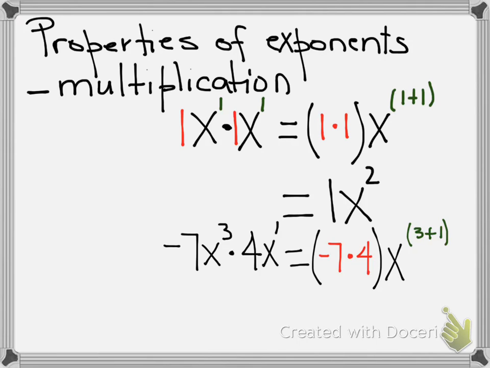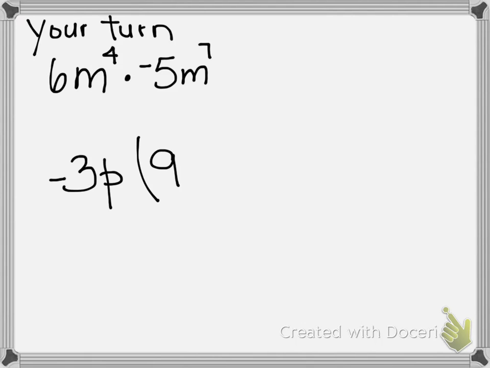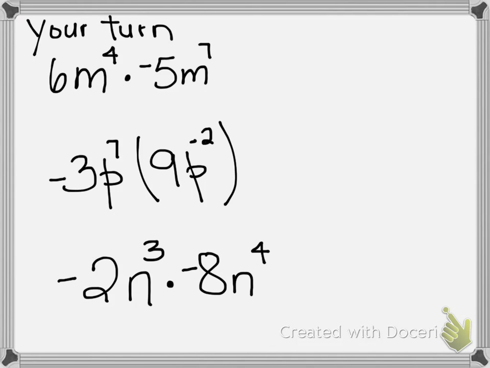And the degrees or the exponents, we have 3 and 1. Notice where the x is displayed with no exponent, there's a 1 there. So we end up having negative 28x to the 4th power. All right? And now, I would like you to try these 3 expressions, simplify them, and see what you get.